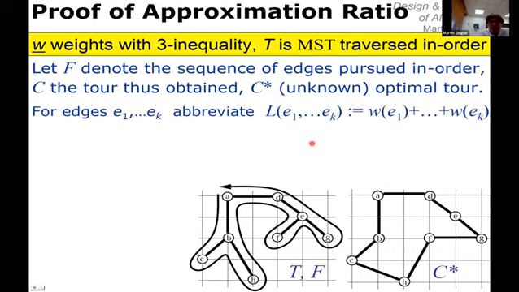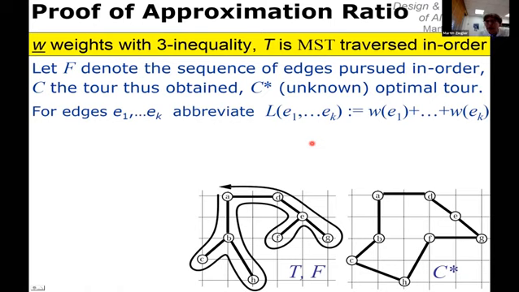So let me make that formal by reminding you of the notation that we used. When we have a sequence of edges, we abbreviate the length of the sequence as the sum of the weights of the edges.